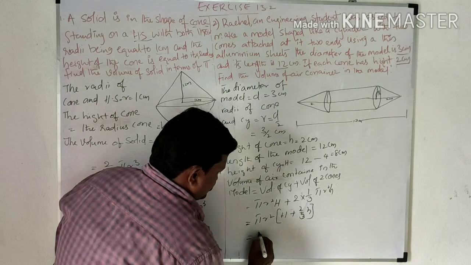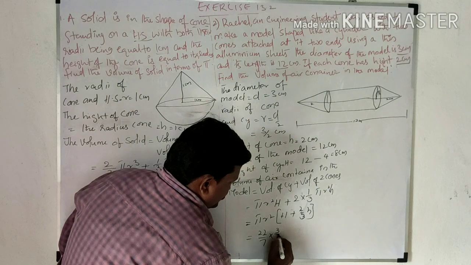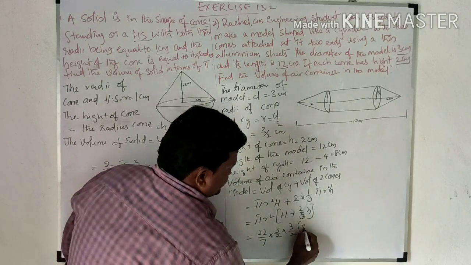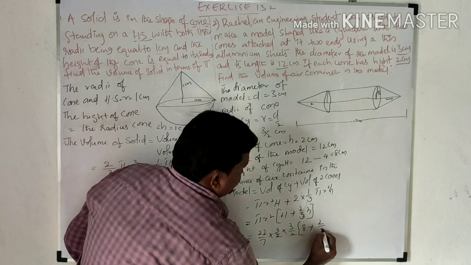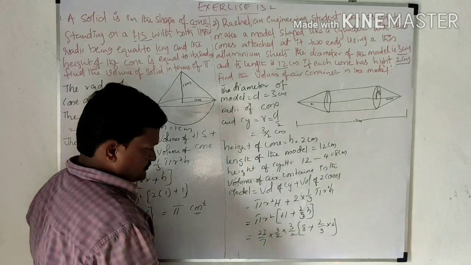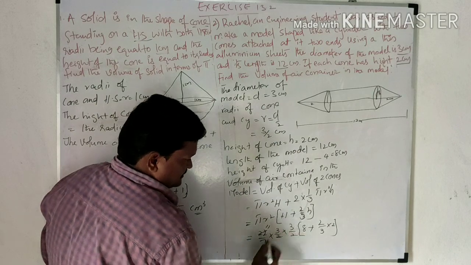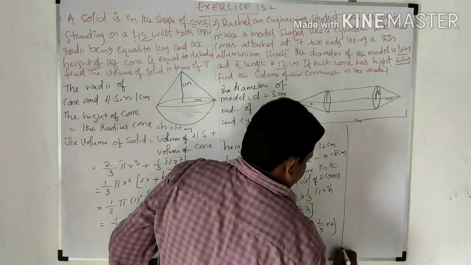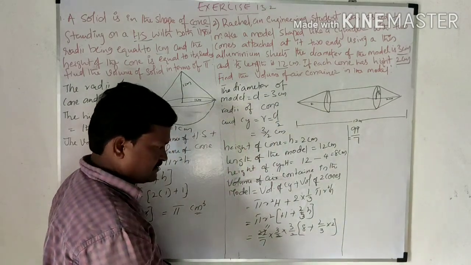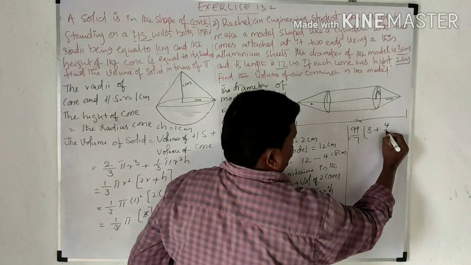So this is equal to 22 by 7 into, what is the radius? It is 3 by 2. Square means into 3 by 2. What is the capital height? Capital H is 8. Plus 2 by 3. What is the small h? Into 2. Now see here, cancellation: 2 1 ja, 2 11 ja. 11 3 ja 33, 33 3 ja 99. 99 by 7 into 8 plus 2 2 are 4 by 3.